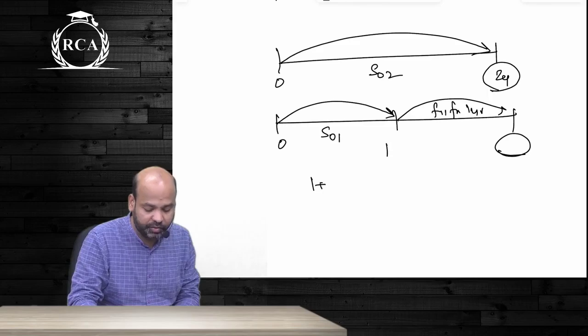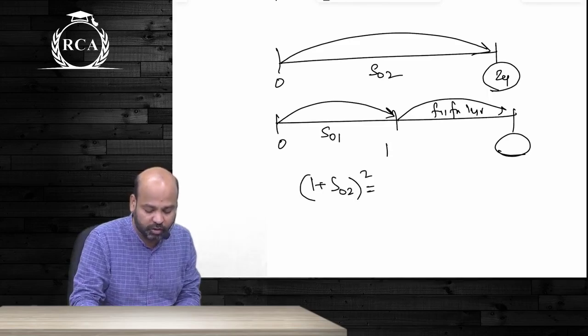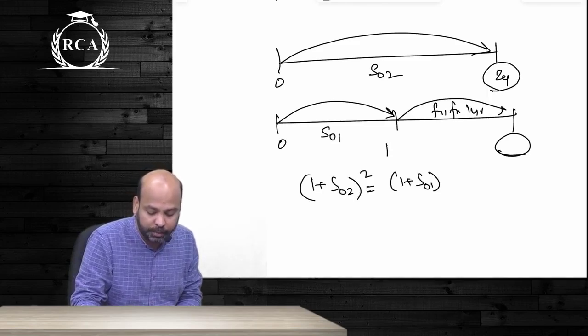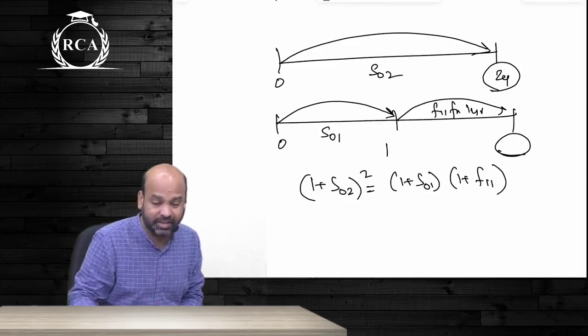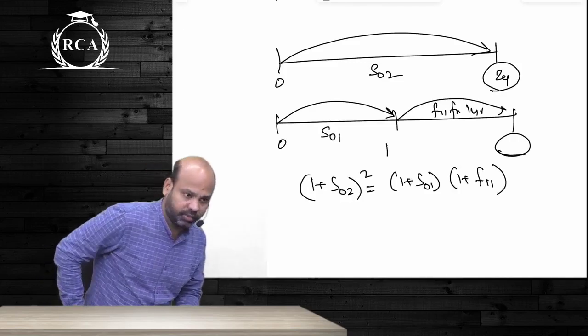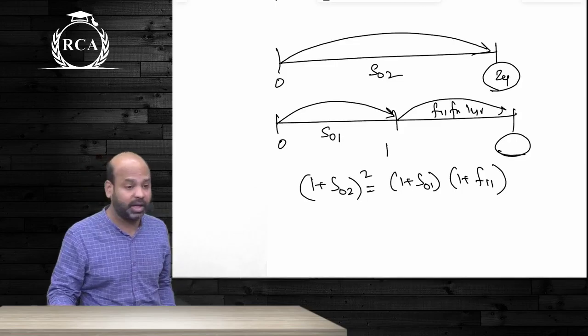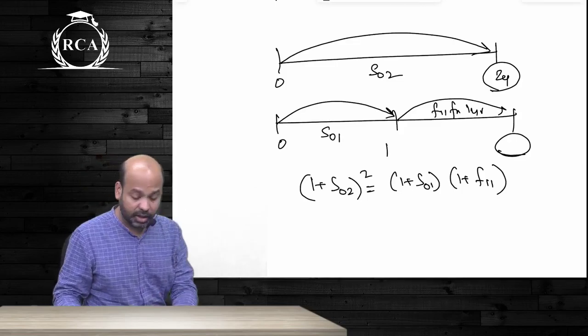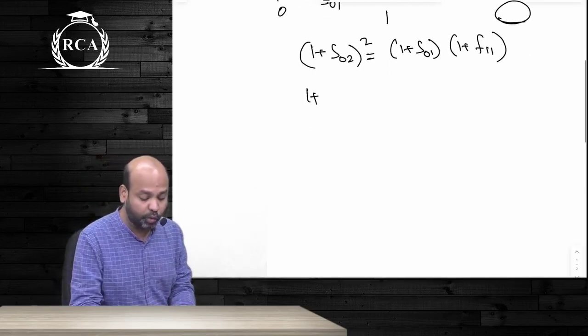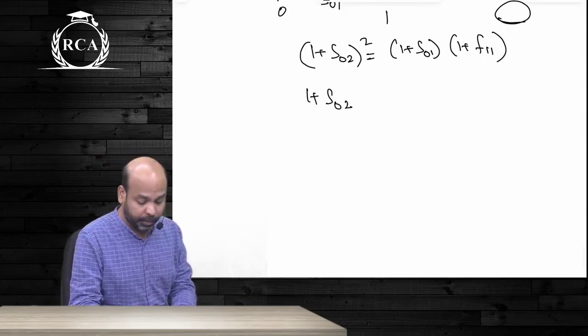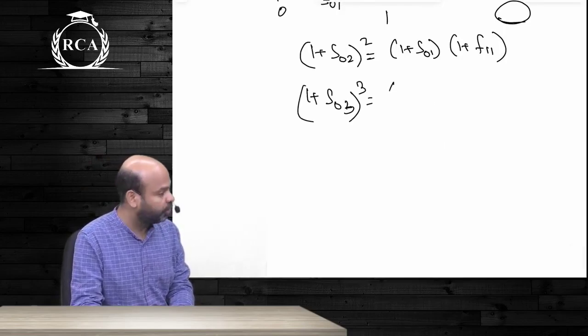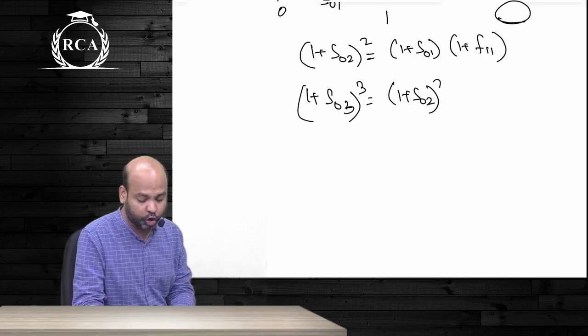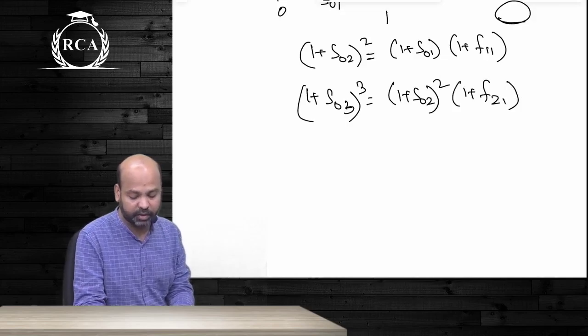Using this relation, we wrote (1 plus S02) whole square will be equal to (1 plus S01) into (1 plus F11). This will tell us what is the rate that is prevailing for the second year. Whereas if they ask us to compute F21, (1 plus S03) whole cube will be equal to (1 plus S02) whole square into (1 plus F21).